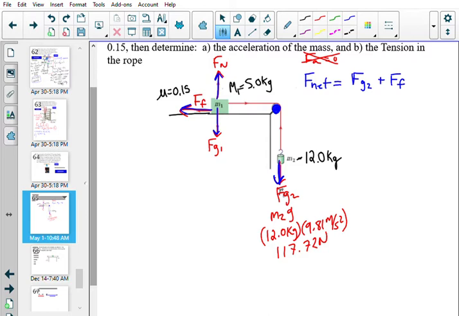So Fg1 is mass 1 times gravity. So it is 5 kilograms times 9.81 meters per second squared. So that's 49.05 newtons downward. Well, if we know that that's 49.05 down, then we know that Fn is 49.05 up.